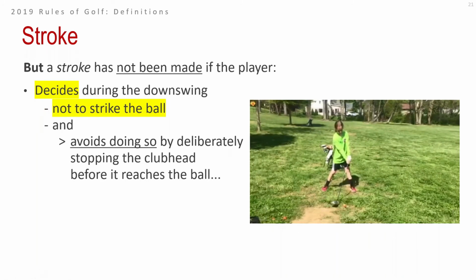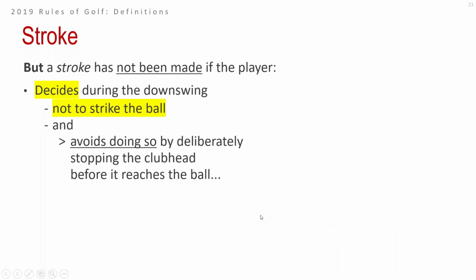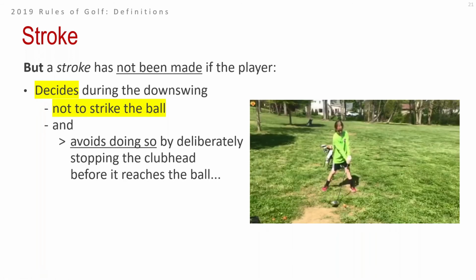As you can see, my daughter here is making a deliberate stop of the swing in the downswing so as to not strike the golf ball. In that situation, she has not made a stroke, even though the forward movement of the club has been made, because she decided during her downswing not to strike the golf ball.